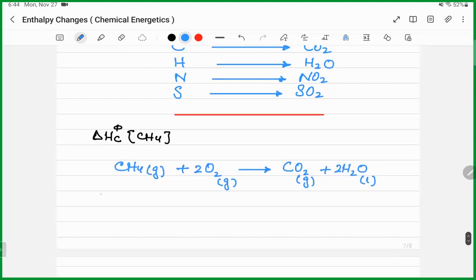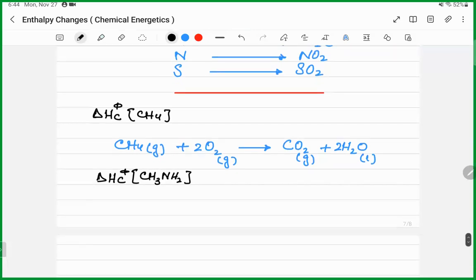ठीक है बेटा. If I ask you to write down the equation for the standard enthalpy change of combustion of CH3NH2, can you try?